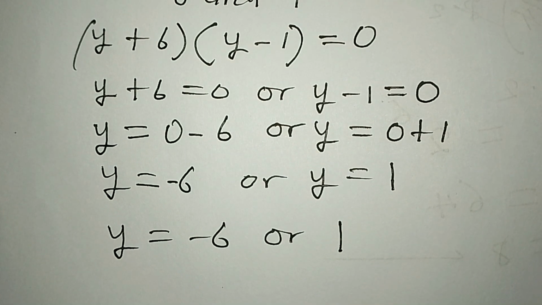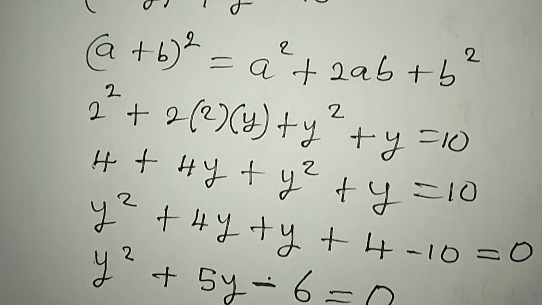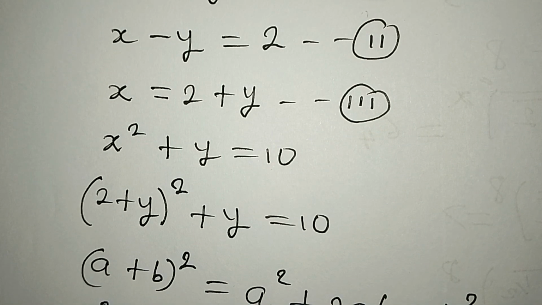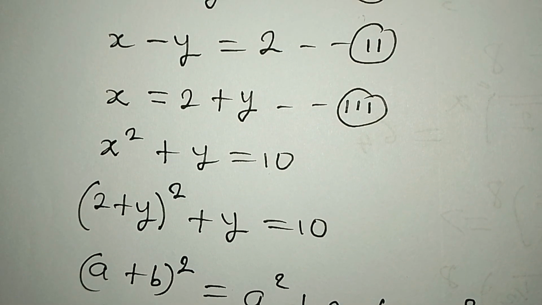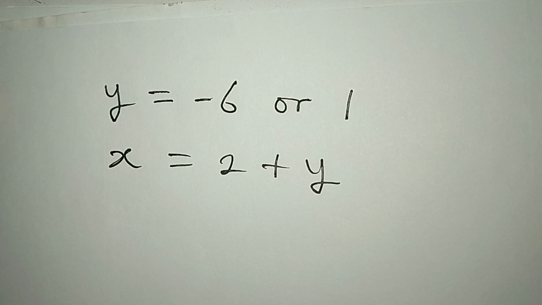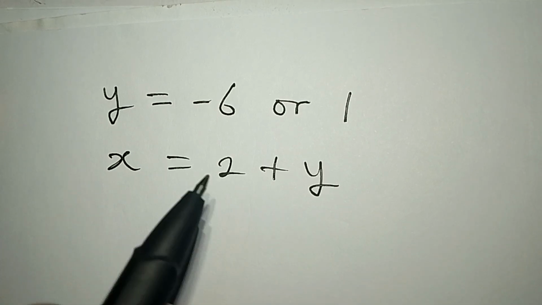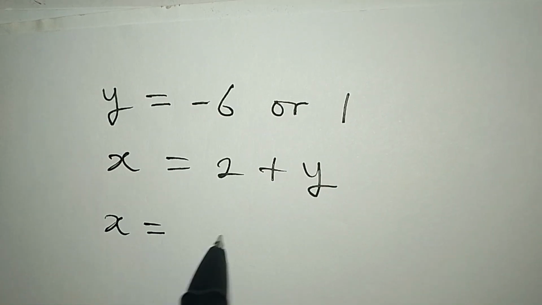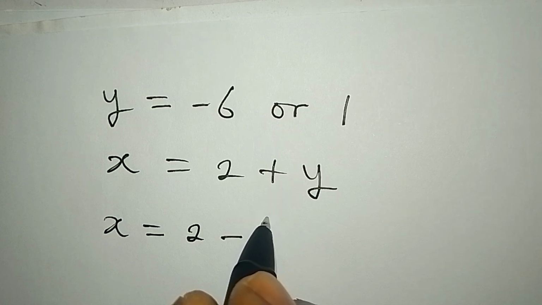But then we need to get our x, and that will lead us back to equation 3, where we have x equal to 2 plus y. So this is our equation 3, and then I'm going to pick the first value of y, so that x will be equal to 2 minus, in place of y, I'm writing 6.